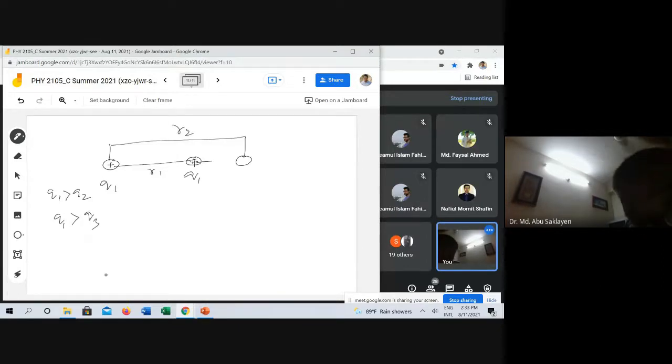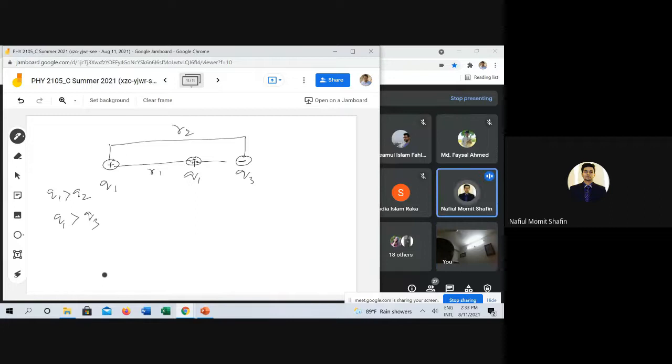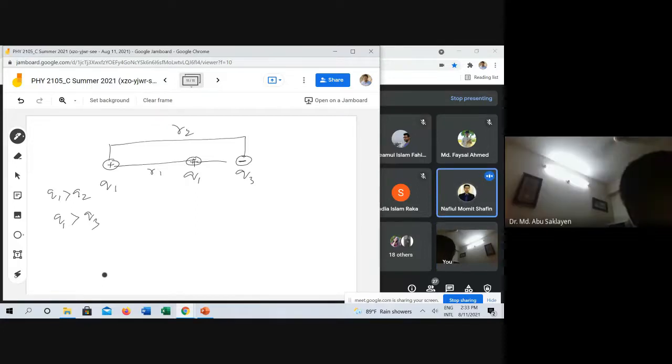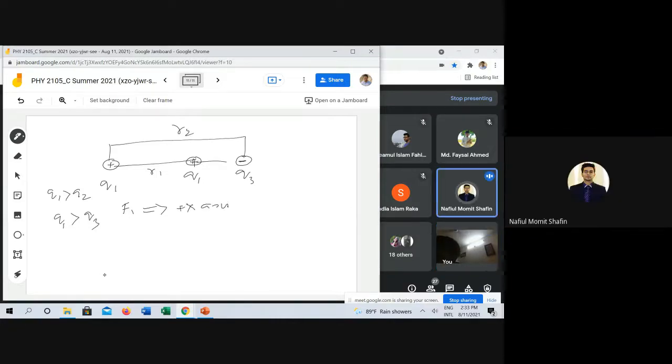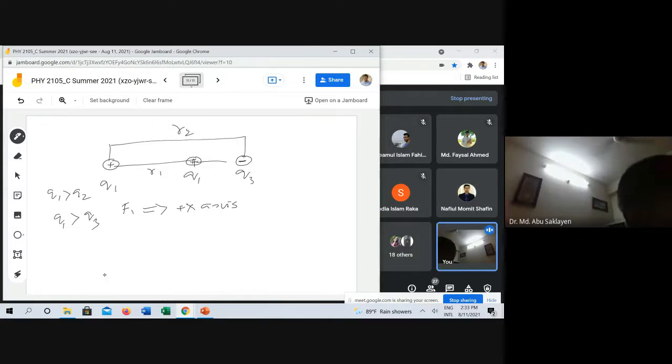Now tell me, what will be the resultant? F1 is along positive x-axis. F2 magnitude is as previous, but what will be its direction?